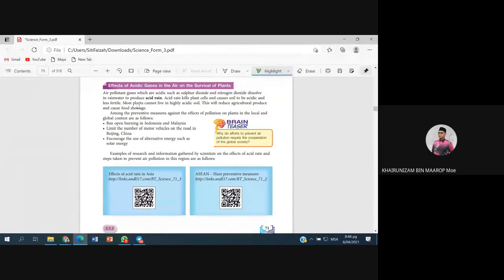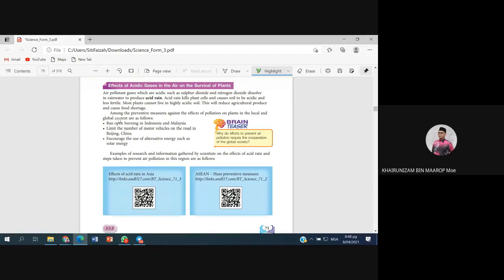Tidak semua tumbuhan boleh hidup di atas tanah yang berasid. That's why kalau kita melakukan pertanian, we need to pour alkaline powder. Kita kena tabur serbuk alkali. For what? When alkali is mixed with acid, it will be neutral. That is the neutralization process.